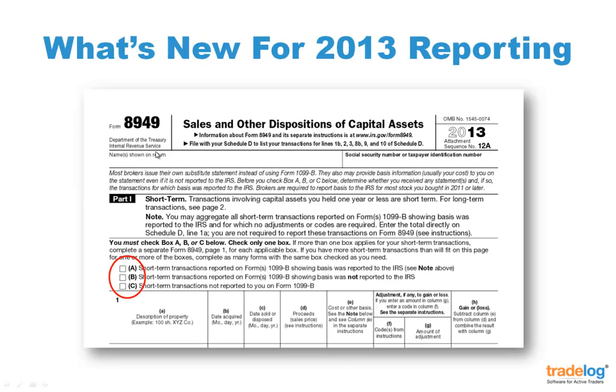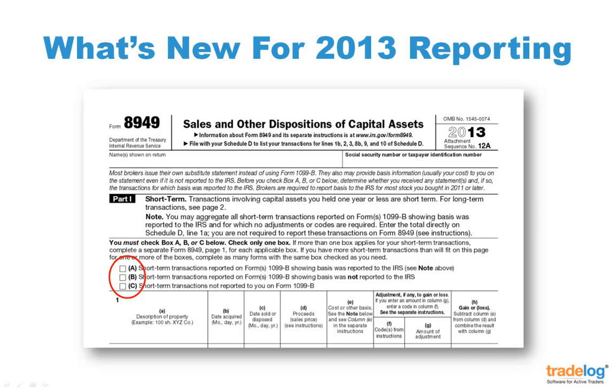So to get started, we'll talk about what's new for 2013 tax reporting. One of the biggest things that's new for 2013, it is the biggest, is a very simple thing really. With the Form 8949, there are some changes that the IRS made just a few weeks ago that have to do with labeling.